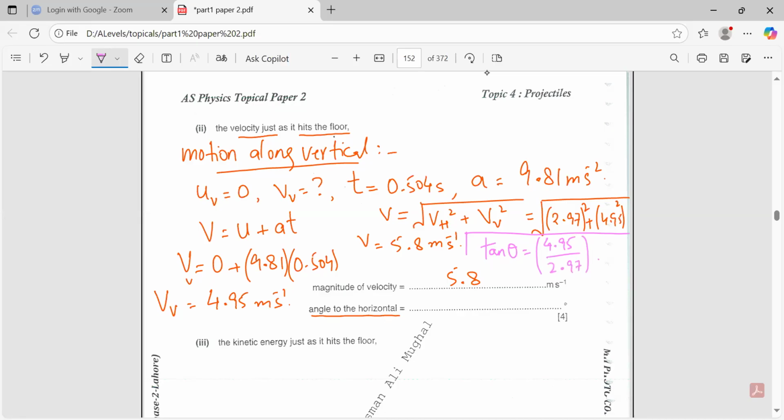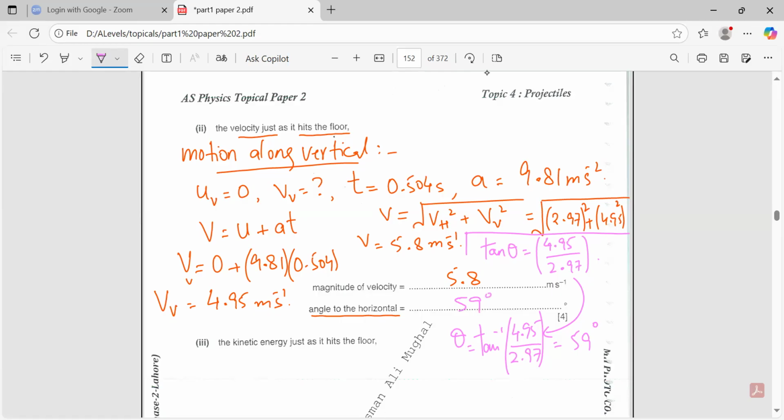Angle theta is equal to tangent inverse of 4.95 divided by 2.97. So we are going to divide this, and our eventual answer is going to appear as 59 degrees. So angle to the horizontal will be 59 degrees.